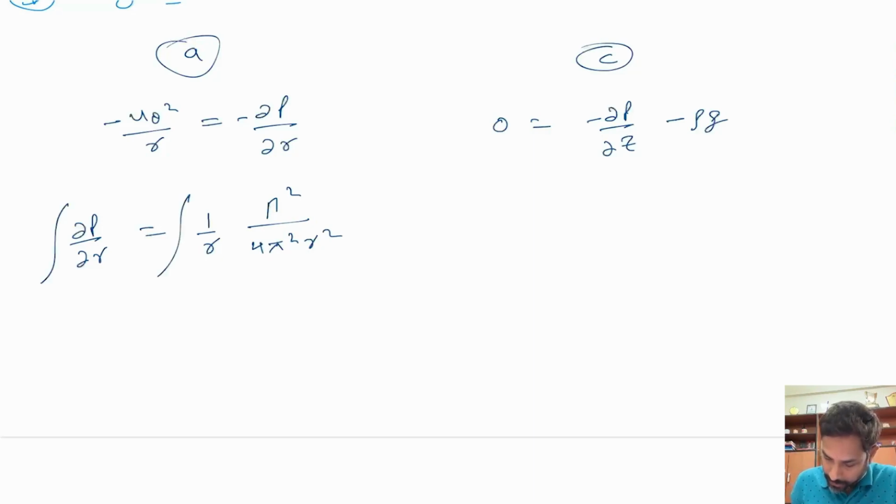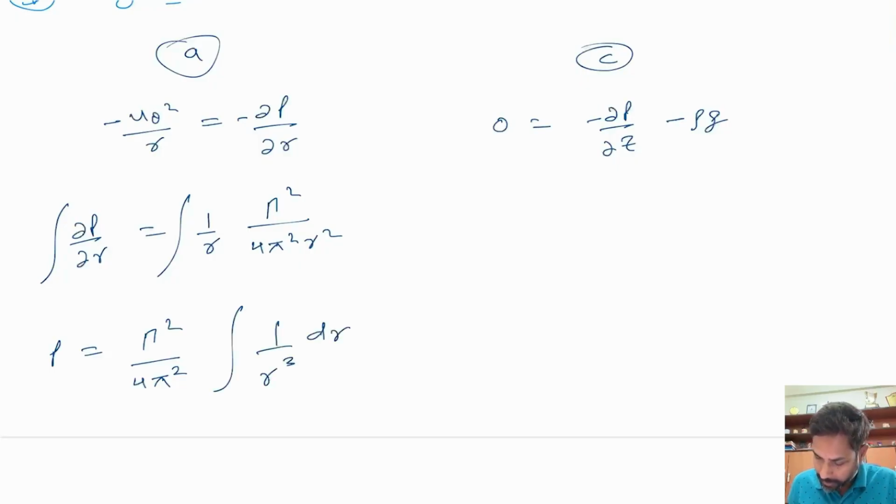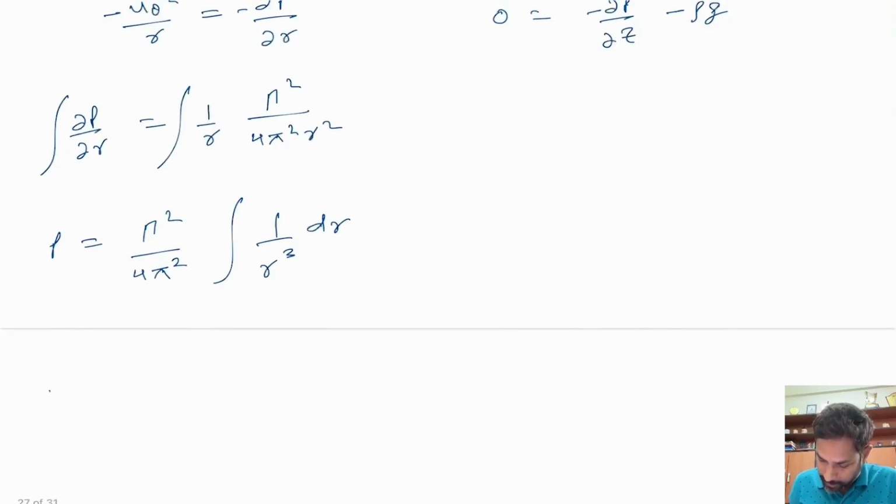So this will give you basically gamma square over 4 pi square comes out, and we are left with r cube dr, and that will give us gamma square over 4 pi square, and this will become minus 2 r square, right?